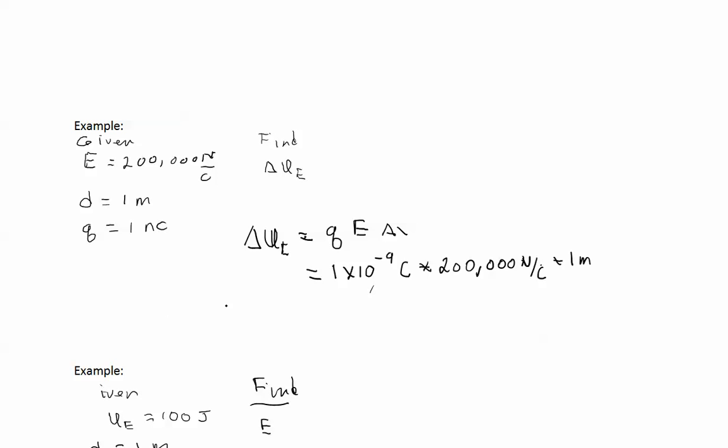So our change in the electric potential energy is 2 times 10 to the minus 4 joules.